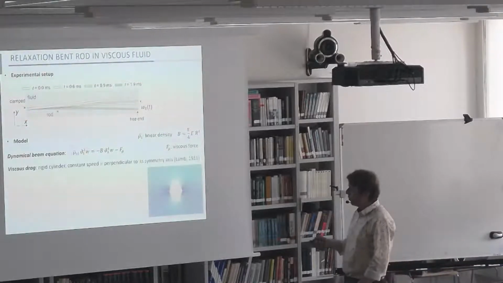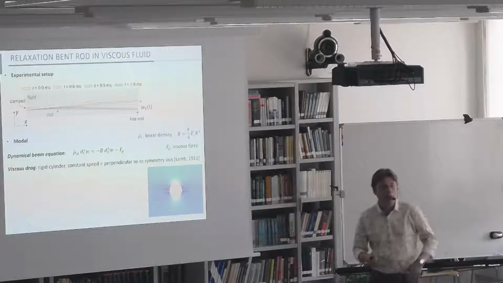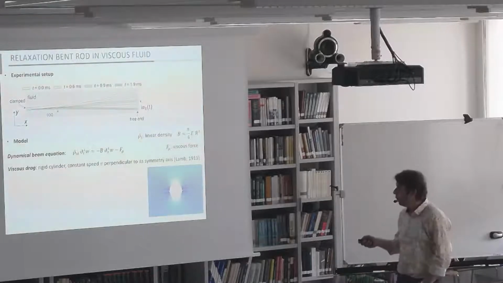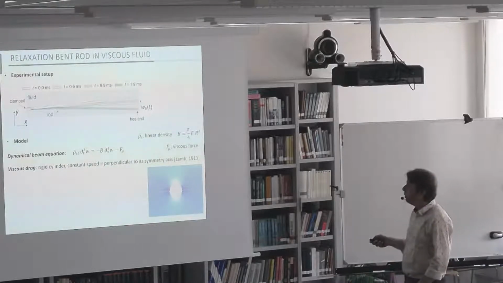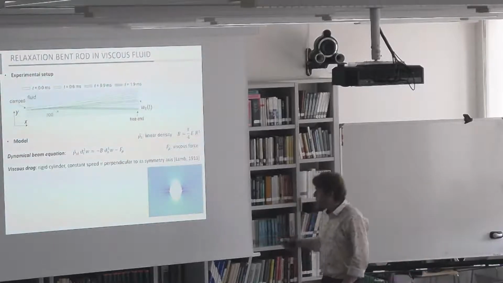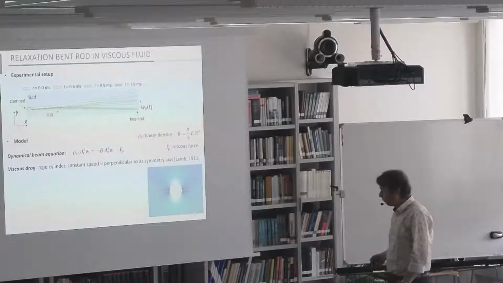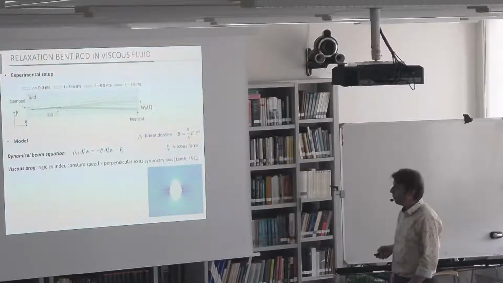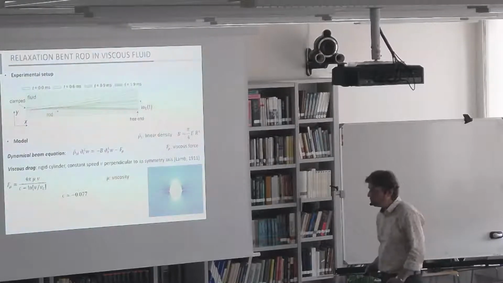We took the viscous drag force experienced by a rigid cylinder moving at a constant speed v, perpendicular to its symmetry axis. So here the cylinder is perpendicular to the slide. And so the force is computed from a 2D problem. It has been computed by Lamb. And the expression is the following.